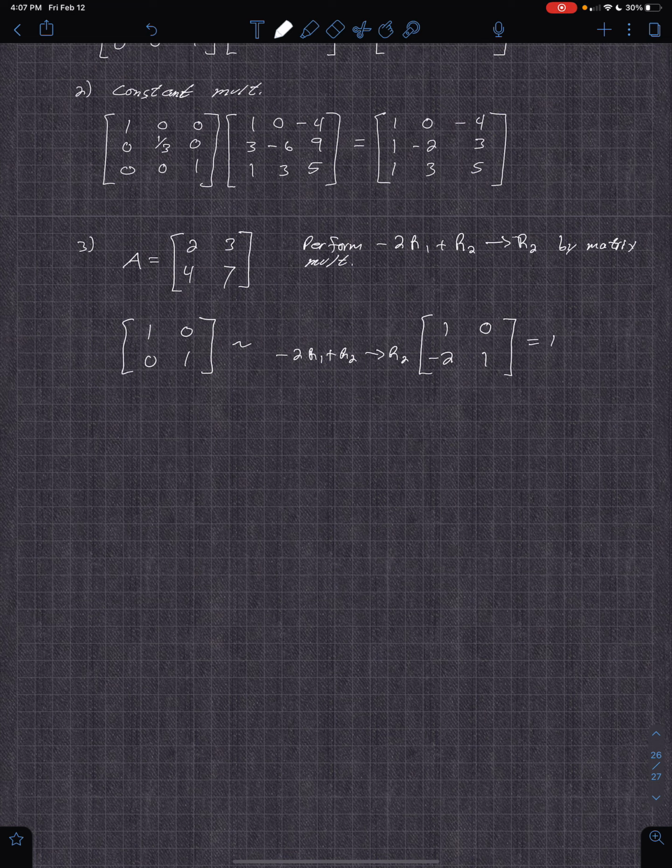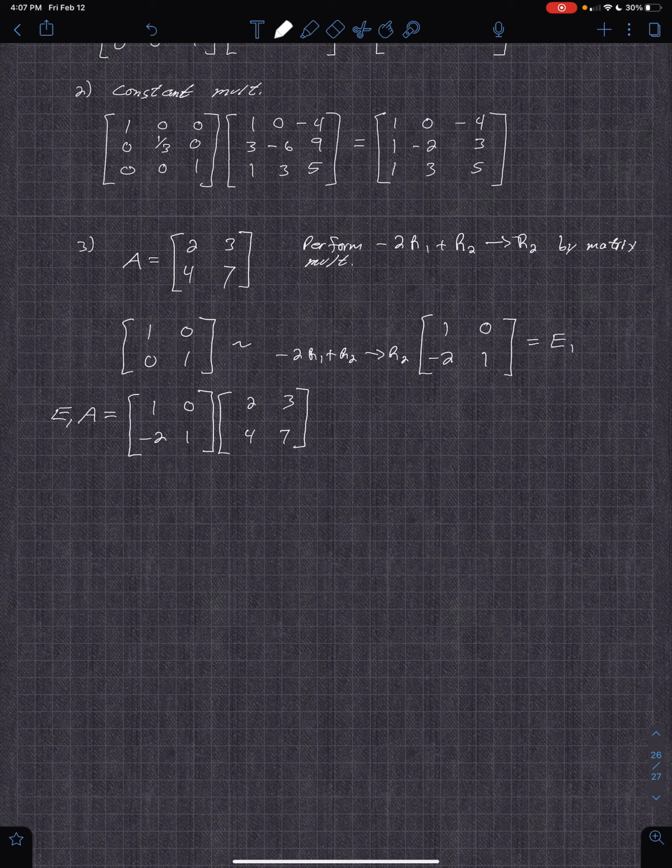And we'll call that elementary matrix 1, E1. And so now take that matrix, E1. So now we're going to perform this operation. We're going to do E1 times A. So that's going to be 1, 0, negative 2, 1 times the matrix A, which is 2, 3, 4, 7.